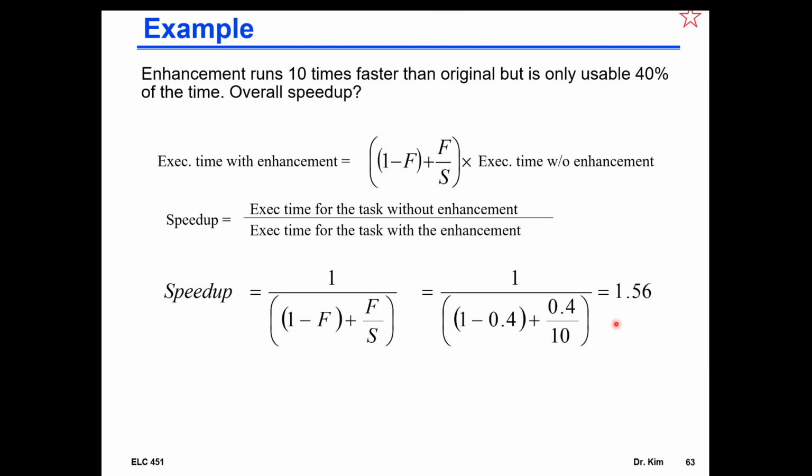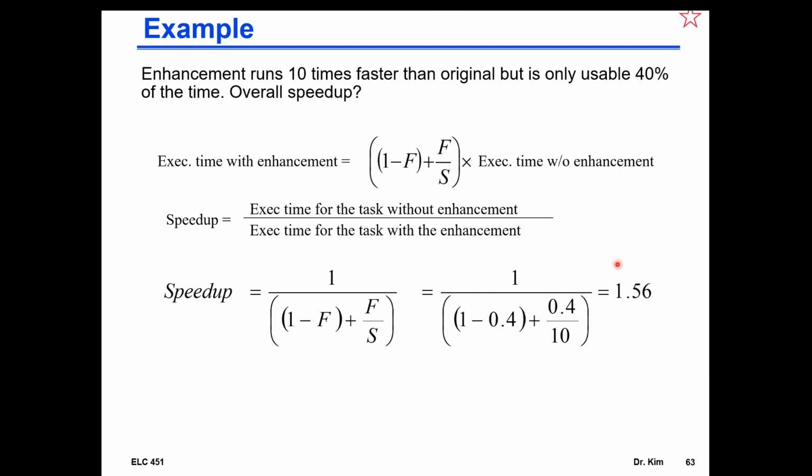Another way of looking at this is that the performance of the system has improved by 56%. But we actually made a part of it 10 times faster. How come the overall system only gets 56% faster?